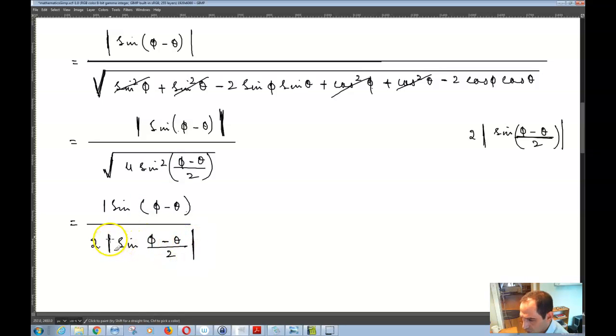And I'm using the absolute value function just to make sure that sine of phi minus theta divided by 2 is not a negative value.